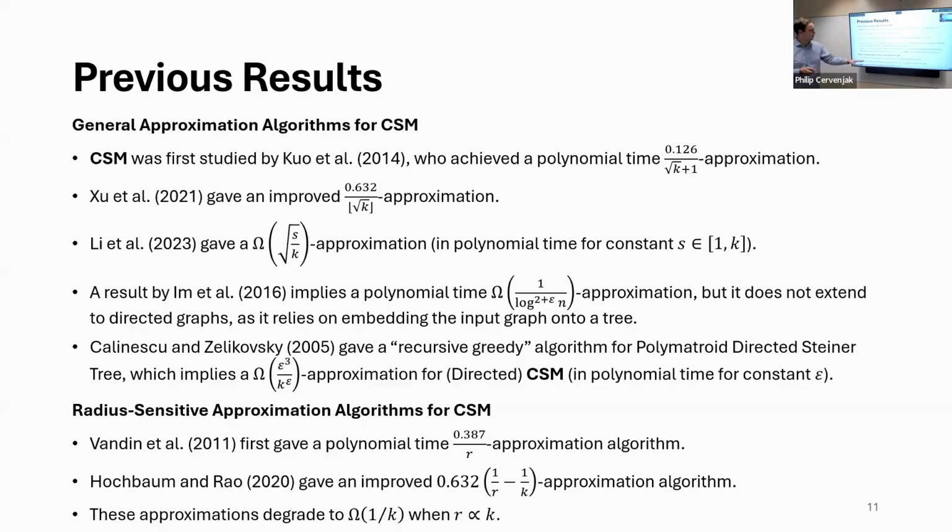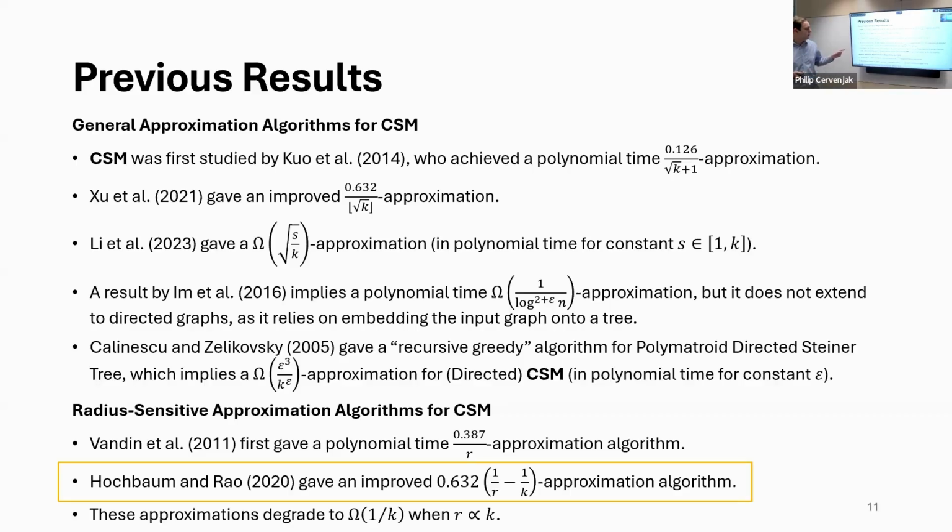And in fact, it degrades to the trivial 1/k approximation in the worst case. So this was a gap for us. It seemed like when r is equal to 1, the problem is easy, but then all of a sudden when r is proportional to k, the algorithm behaves quite poorly. So this was the main motivation for our work, to see if we can come up with a better approximation with respect to R.